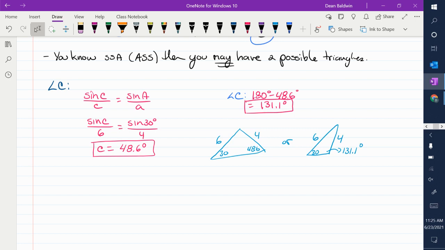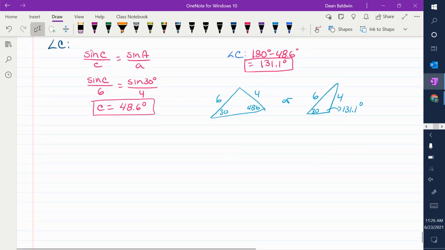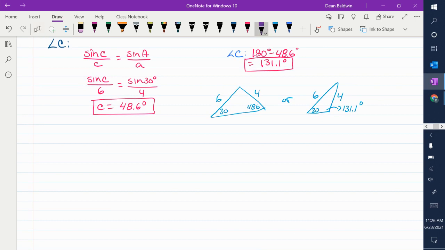But you only get this happening if you have angle side side. It's the only time. All right? Now, how do you know if you have 2, 1, or 0 answers? That's the question. So, how do you know if 2, 0, or 1 triangle?